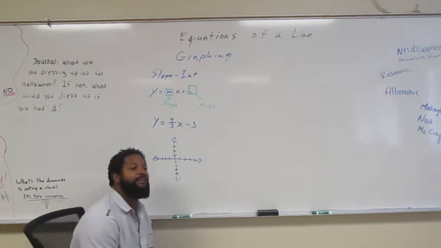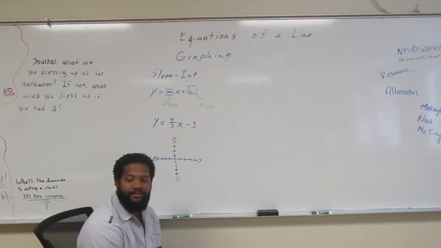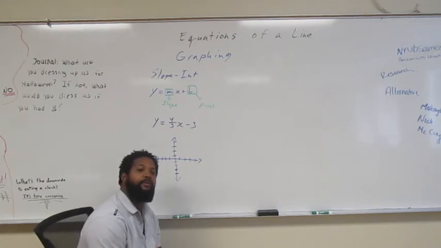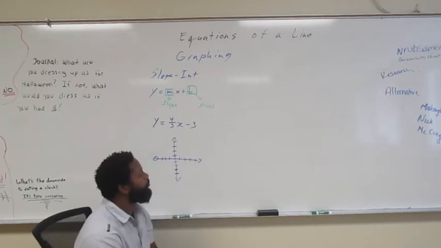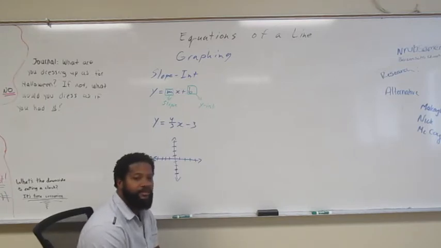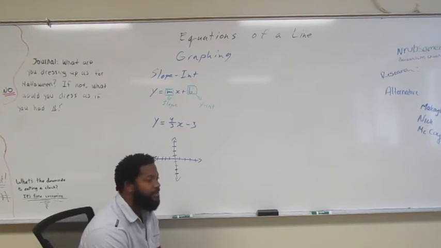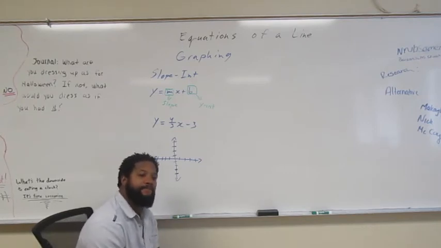Who here understands positive slopes and negative slopes? Which way will we be running because that's a positive slope? If it's a positive slope, then the line is going to go up, and to the right. Why? Because it's positive.